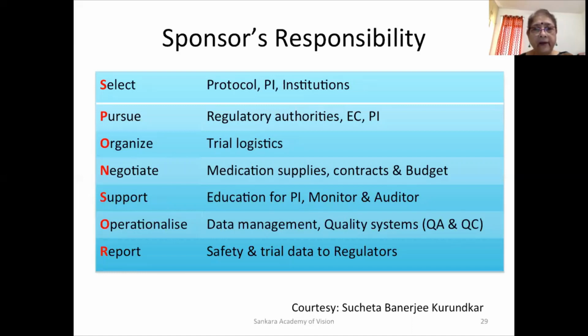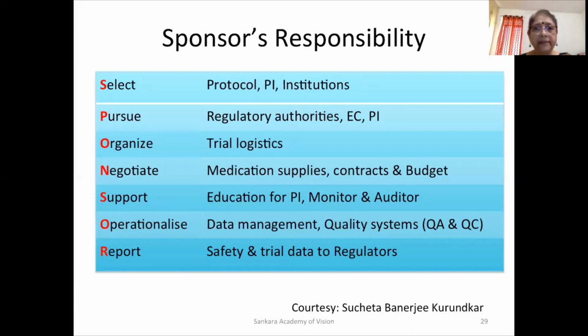We very often blame the sponsor for so many things, but one must also remember that it is the sponsor who comes to the rescue of the ethics committee, because it asks the principal investigator for ethics approval and for the annual progress report, whether they have been approved or not.